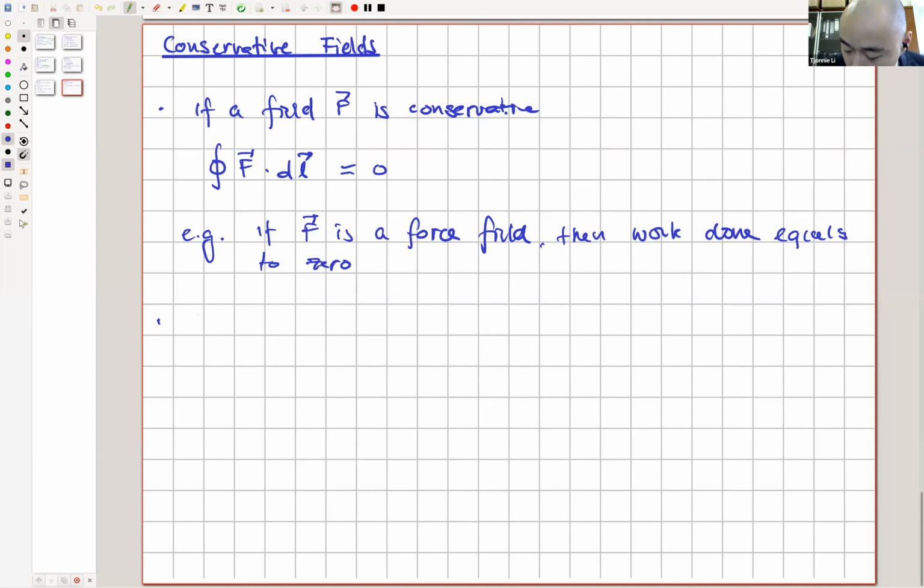A bit more clear. That the integral of F dl equals the integral of the curl of F dotted with dS equals 0.